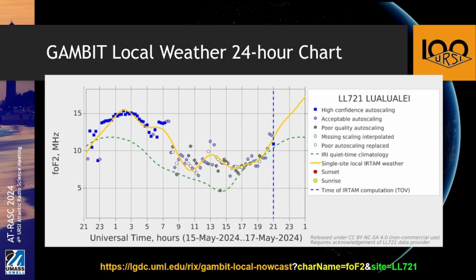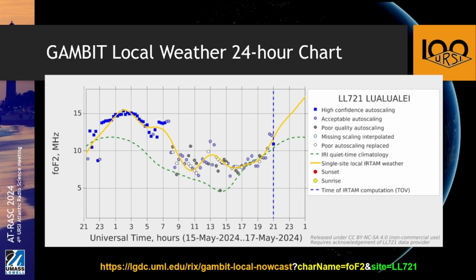Okay, this is a local weather 24-hour chart, useful again for those who would like to know the conditions of the ionosphere. Let's look at it. The horizontal axis is time. You're looking at 24 hours. That's now.